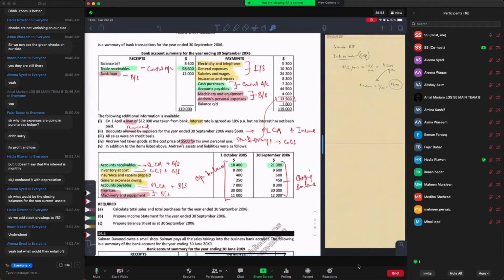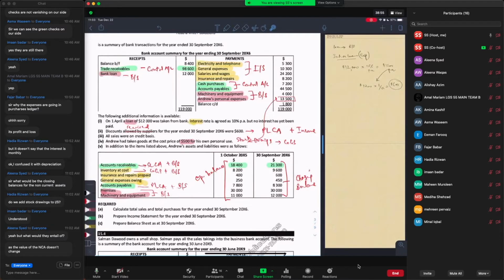Okay, what do they represent? When you make the balance sheet, Alina, yes, very good. This is a hint here. When you make the balance sheet as at 30th of September 20x6, you will need to know how much your trade receivables should be, what your inventory should be, what your prepaid or accrued expenses should be, and your non-current assets, how much they should be valued at.